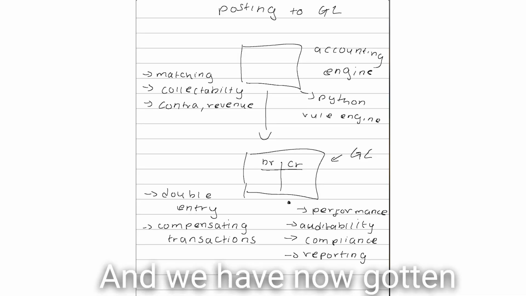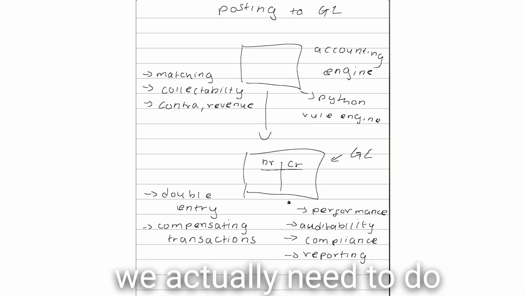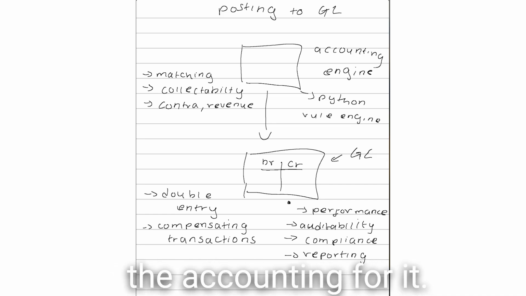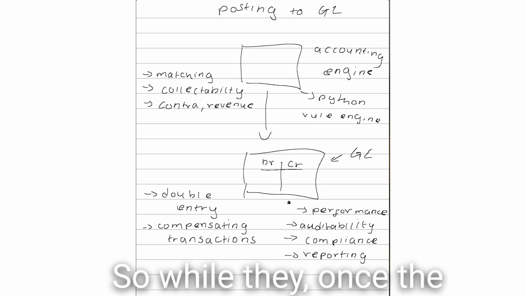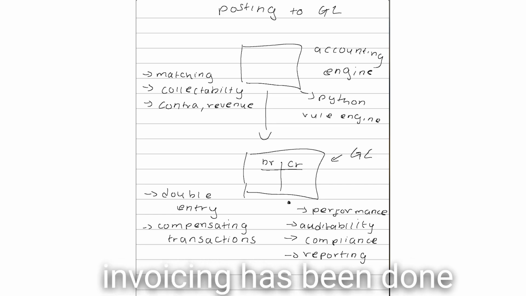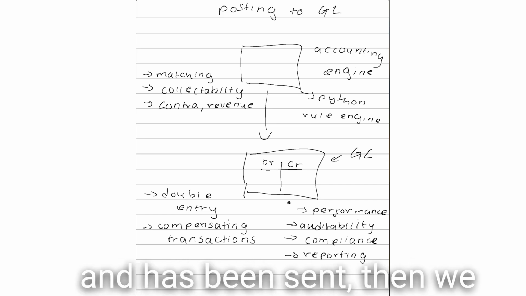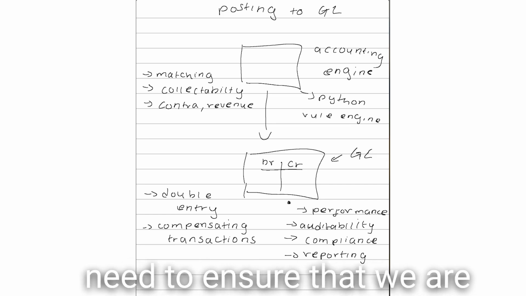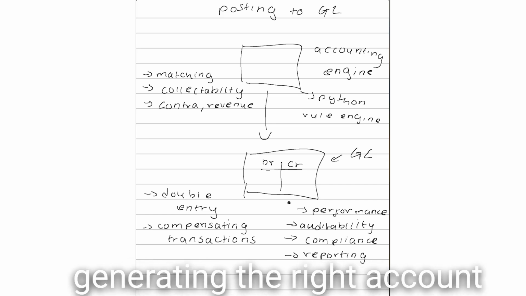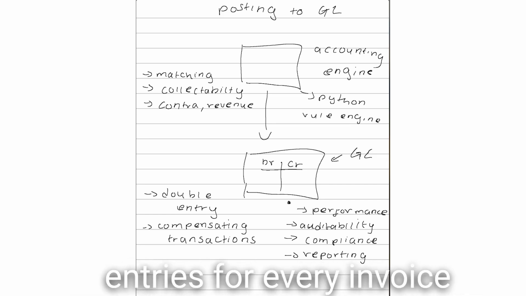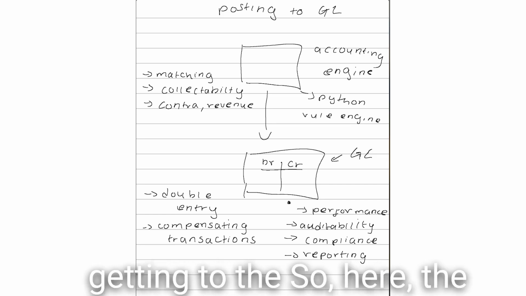And we have now gotten to the last part where we actually need to do the accounting for it. So once the invoicing has been done and has been sent, then we need to ensure that we are generating the right account entries for every invoice and that they're actually getting to the general ledger.